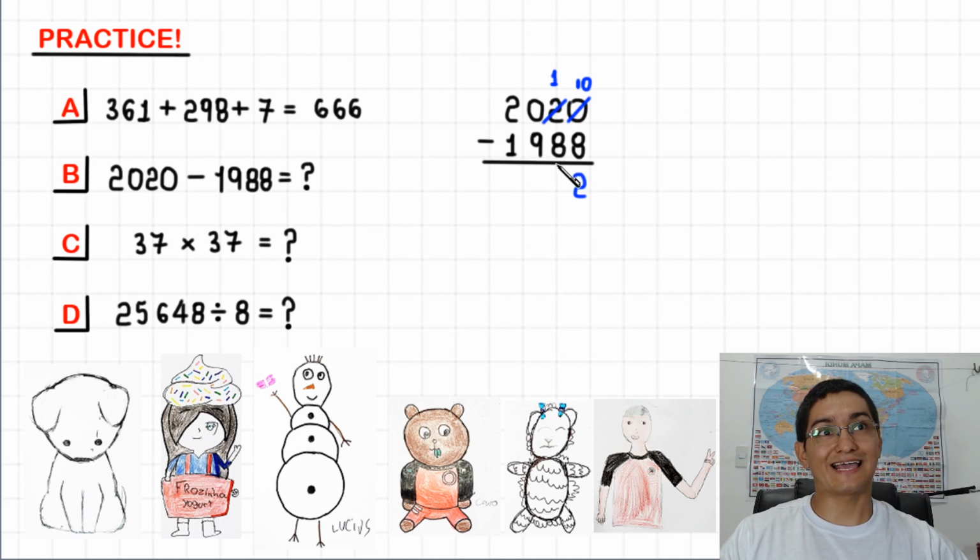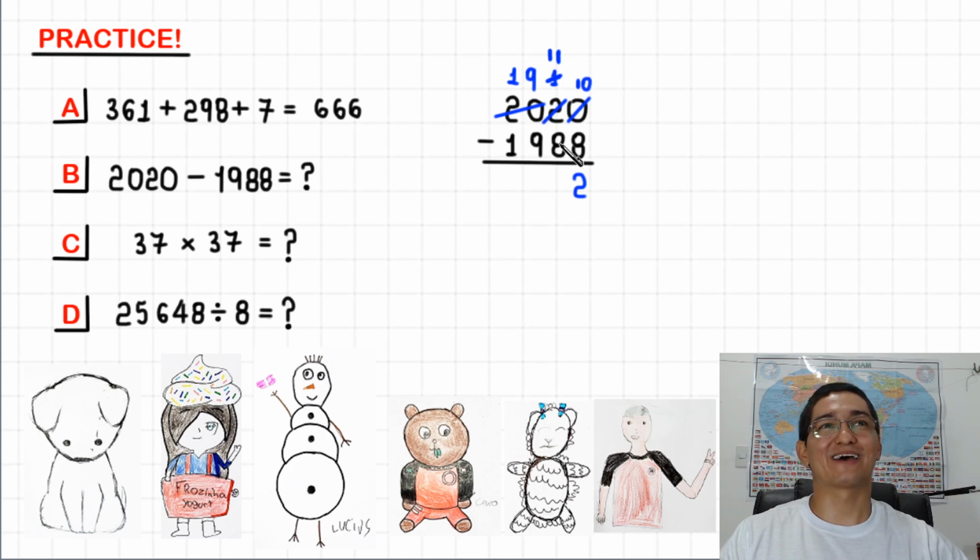We cannot take 8 out of 1 here in the tens. So we can borrow 1 from here. We can take 1 from 20. Instead of 20, now I have just 19. The one that I took here from 20 becomes 10 here. But I already had 1 here. I'm adding 10, so now I have 11.